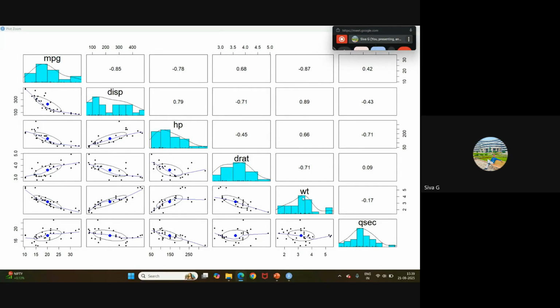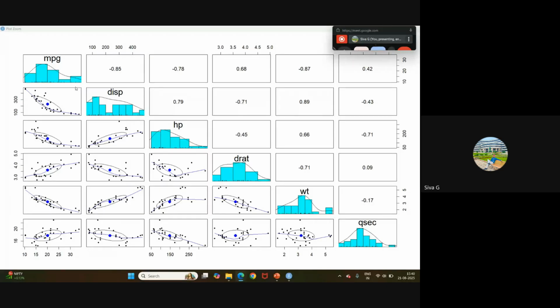Qsec is somewhat normal, but not exactly, because it does not show an exact bell shape. So like this we can see the histogram with overlying density to understand whether the data is normally distributed or not. This is one part.